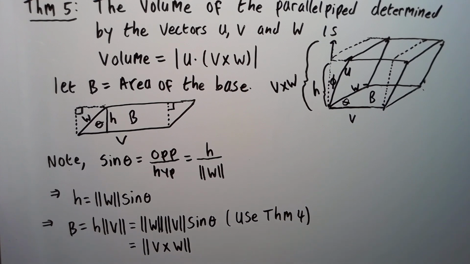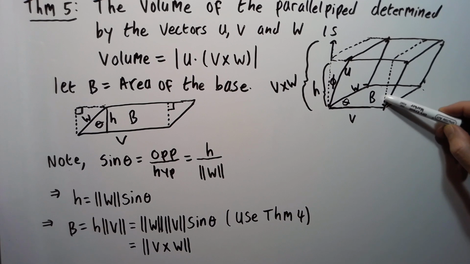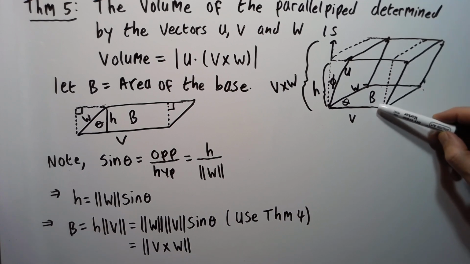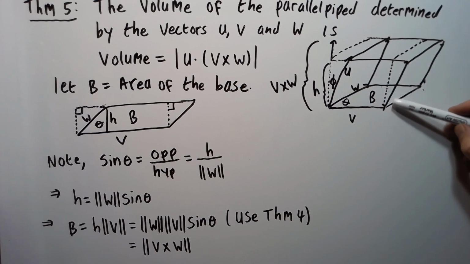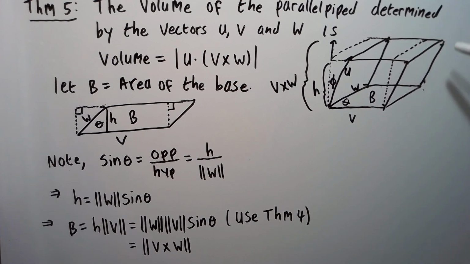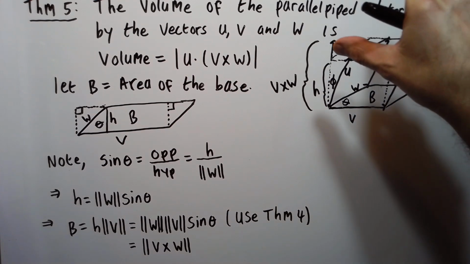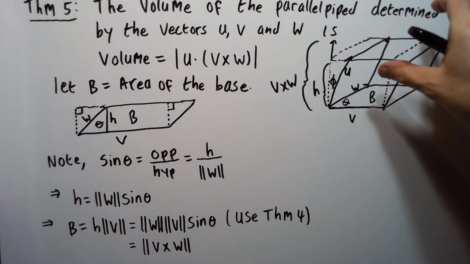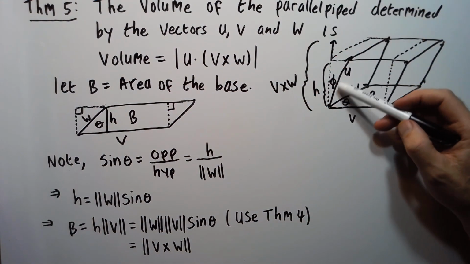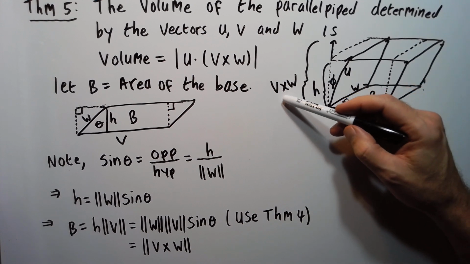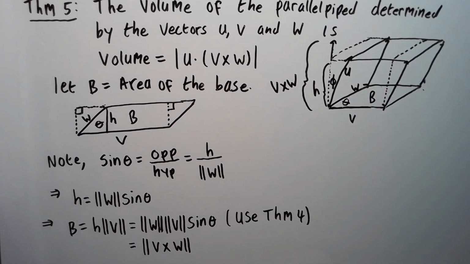And then I made some cuts along the dotted lines, perpendicular to the B plane down here, so perpendicular to v and w, and cutting it this way. This piece would fit in the back over here, so you're straightening the corners, making it 90 degrees. And I'm calling phi the angle between u and the cross product v cross w.